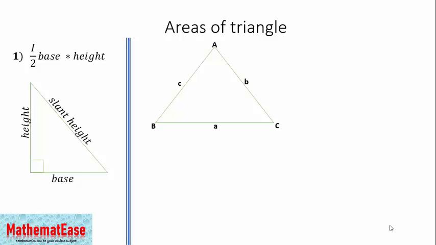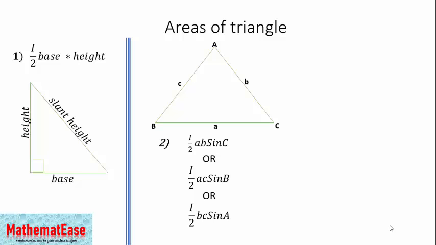You can have half AC sine B, or half BC sine A, or half AB sine C. Between B and C, I have A, so when you do half BC, it will be sine A. Between A and C, I have B, so you do half AC sine B. And between A and B, I have C, so you can do half AB sine C. When you do half AB, you multiply those two sides together, then the angle you must use is angle C. When you have A and C, the angle you must use is B. When you have B and C, the angle you must use is angle A. Anytime you are using this type of formula to calculate the area of a triangle.